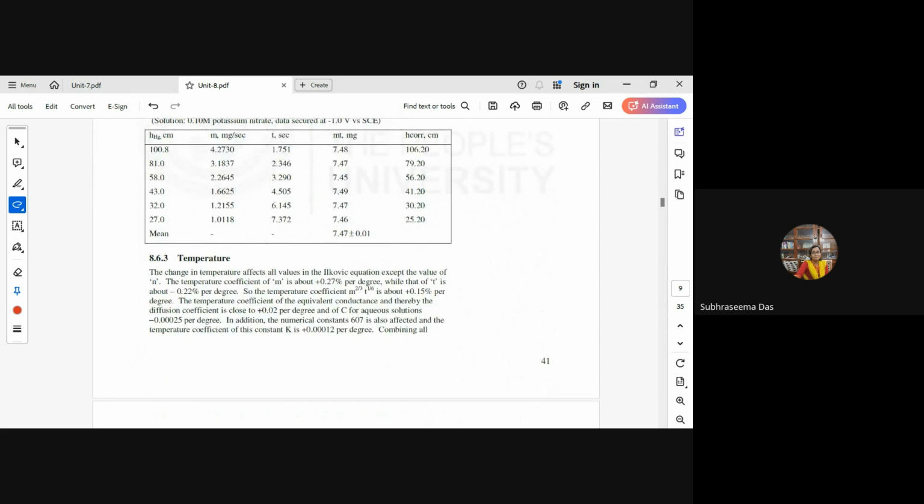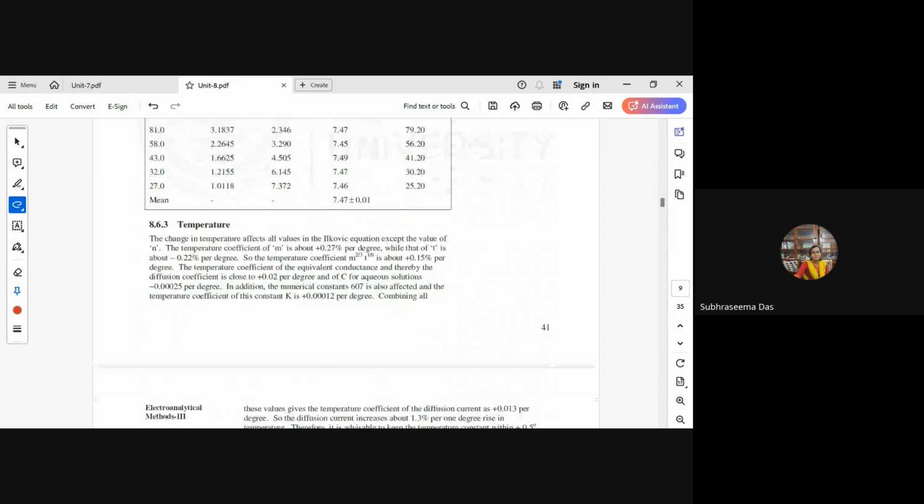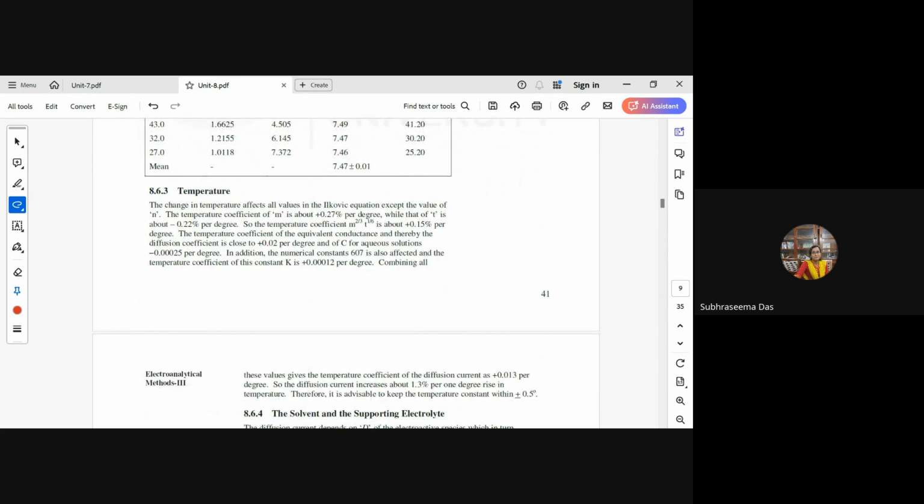Then the influence of temperature on the diffusion current. The change in temperature affects all values of the Ilkovic equation except the value of n, the number of electrons. The temperature coefficient of m is about 0.27% per degree, and for m to the power 2 by 3 and t to the power 1 by 6 it accounts for about 0.15% per degree.